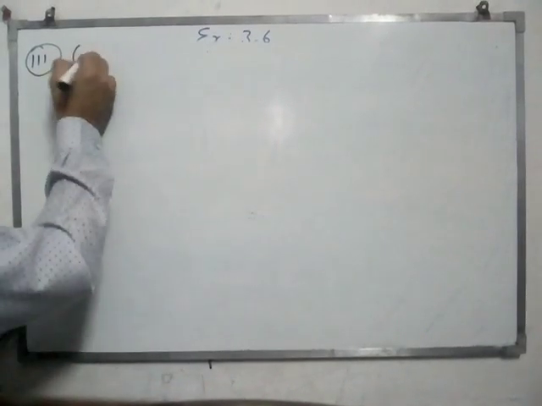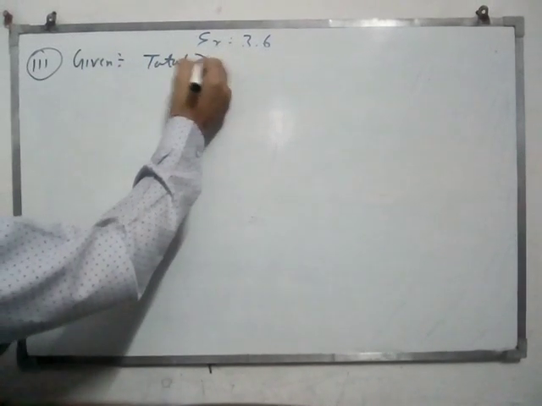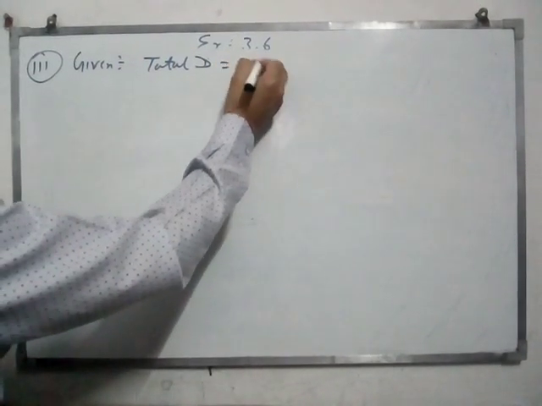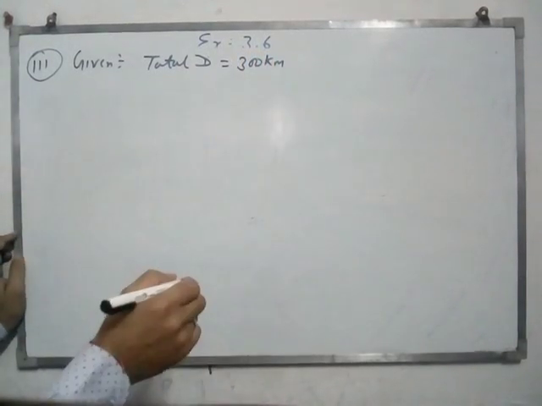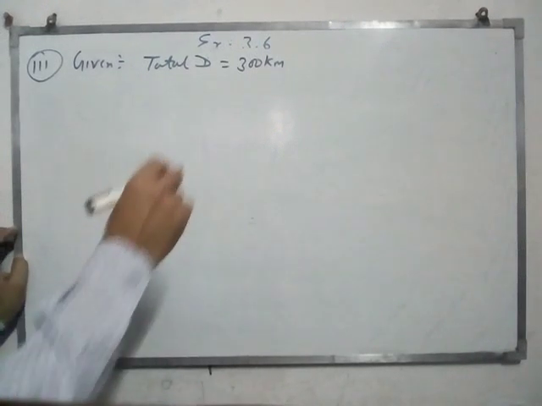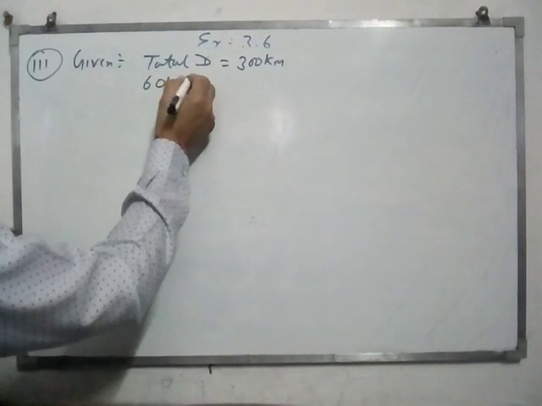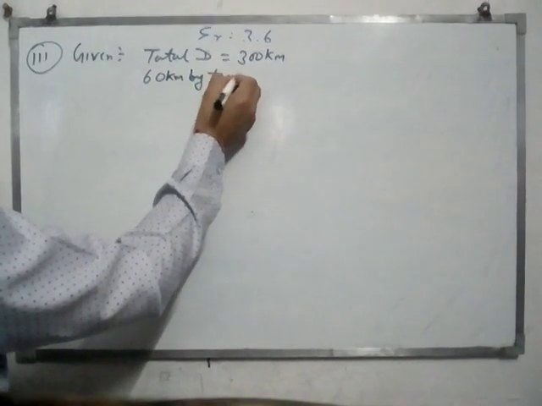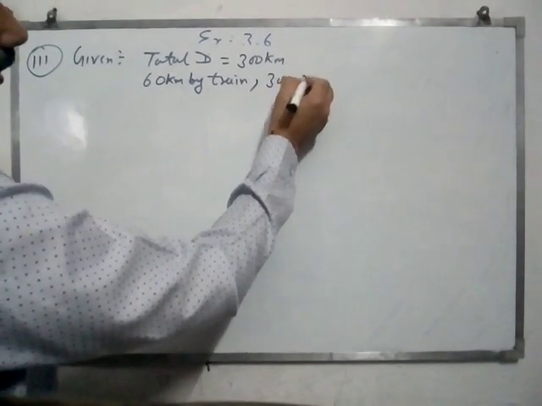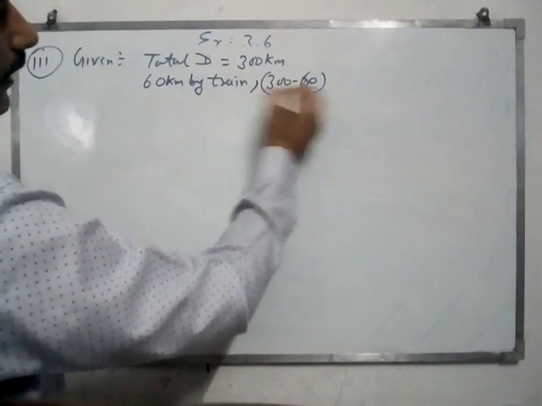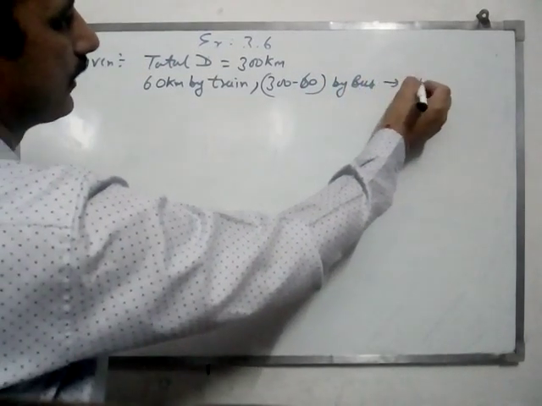So the total distance he covered is 300 km, some by train and another by bus. 60 km by train, and the rest, 300 minus 60, by bus. It takes 4 hours.